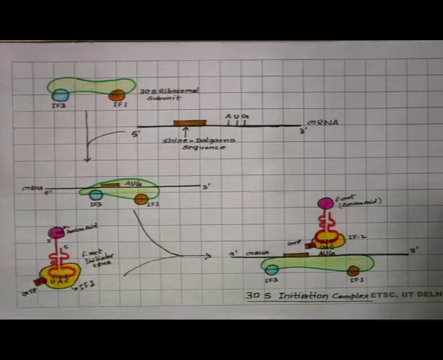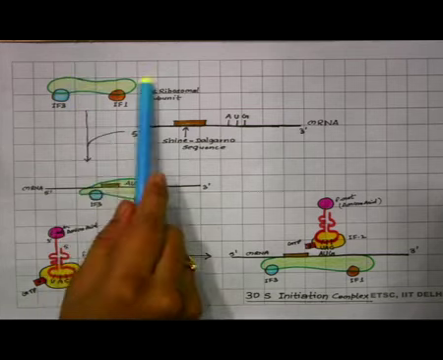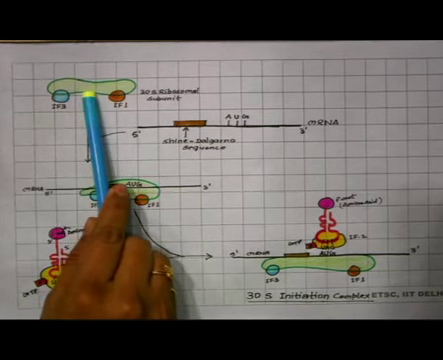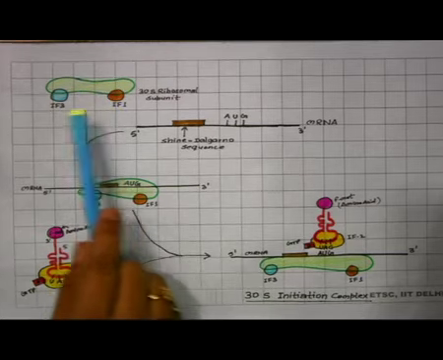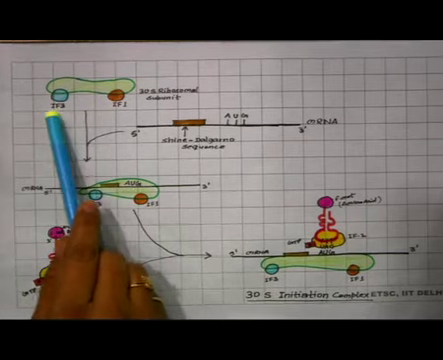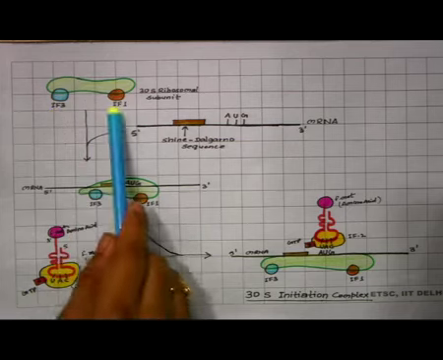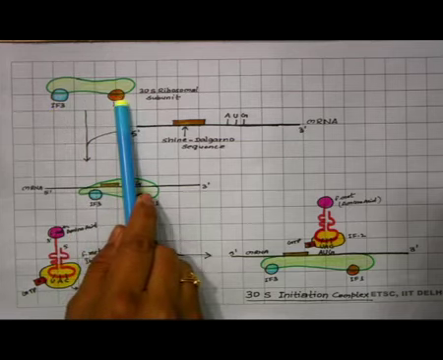Here you can see, first of all, with this 30S ribosomal subunit, that is the smaller subunit of the ribosome, IF1 and IF3, the two initiation factors which help in protein synthesis, will bind with the 30S ribosomal subunit.